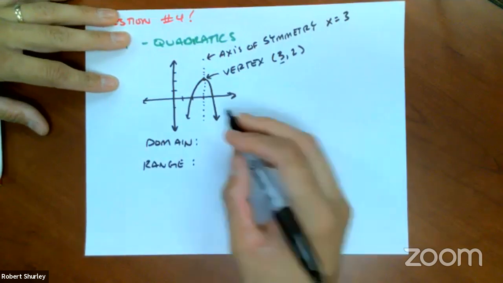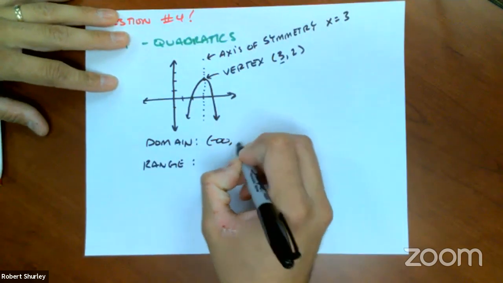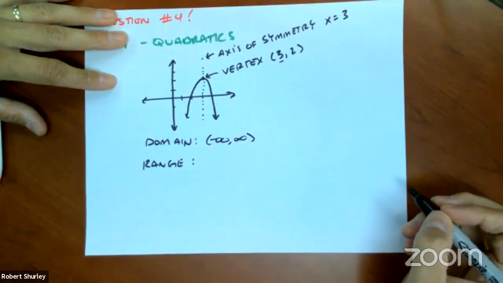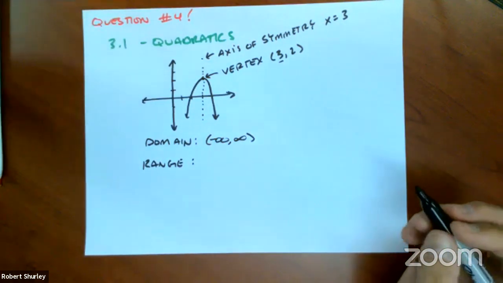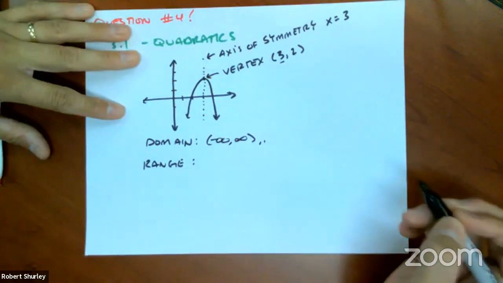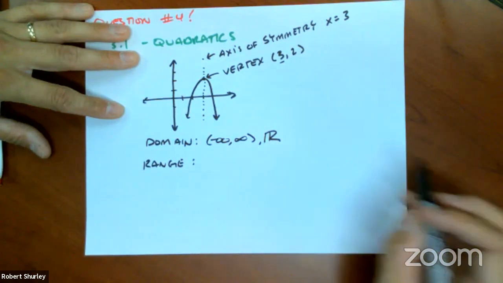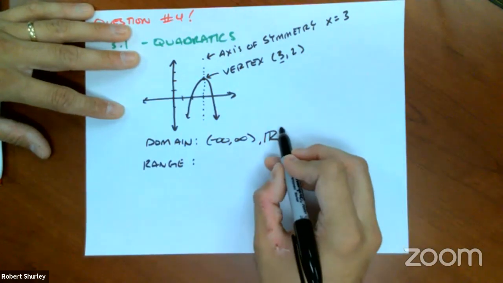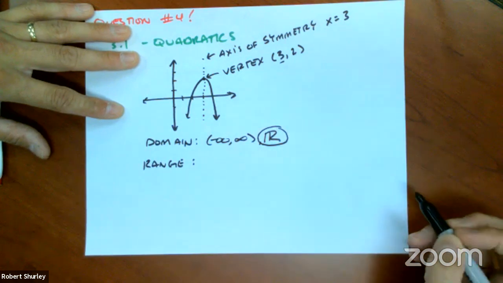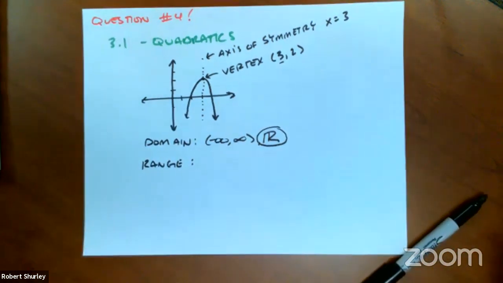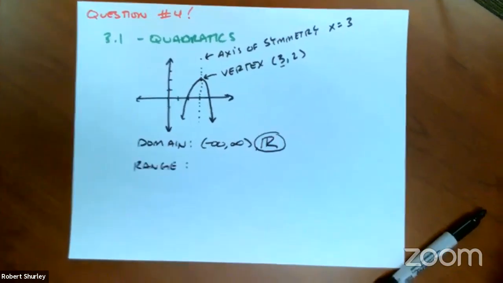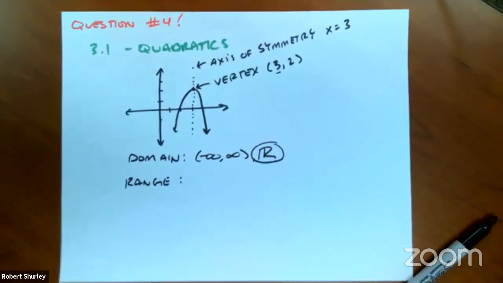So you can write this in interval notation like this. Now you might see me do a more efficient shorthand of this, which is just R, and I'm not sure if we've talked about that. This means all real numbers, okay? In mathematics, it's a shorthand way of saying all real numbers.